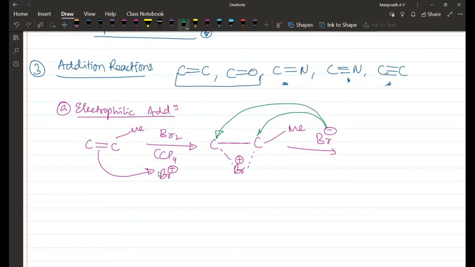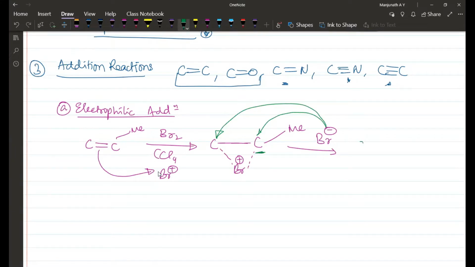Nobody knows? It attacks the most substituted carbon. You should know this. Don't forget. So this nucleophile will attack the most substituted carbon. Most substituted carbon means this carbon. Understood?